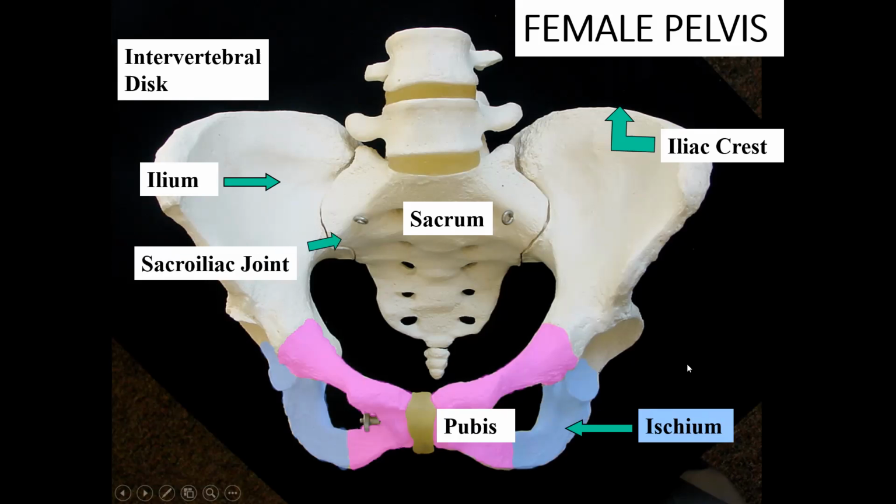Now, in the back, the iliac bone, or the ilium, comes together with the sacrum to form the sacroiliac joint. Shock of motion is transferred up the legs, up the femurs, into the acetabulum, and there into the bones. In the front, the shock is absorbed at the pubic symphysis.